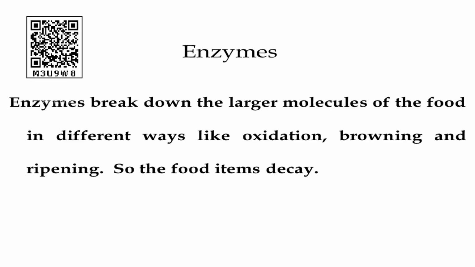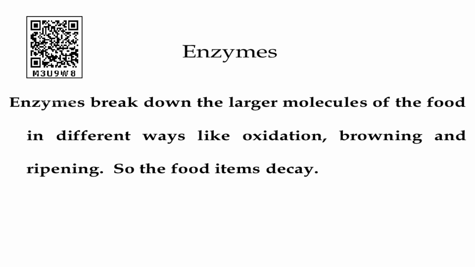Now, there are a few more reasons for the decay of the food. Enzymes. We all know about enzymes. Enzymes act as a catalyst in digestion. So, they break the larger molecules into smaller molecules. So, it helps in the digestion of the food.